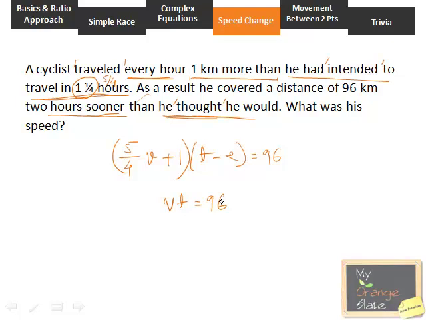Friends, once again, same as the previous question, we can resolve these two equations simultaneously by forming a quadratic equation. But even after you have made this equation, if you rework on the assumption that since you have 4 in the denominator here, assume the intended speed as 4v and not just v.